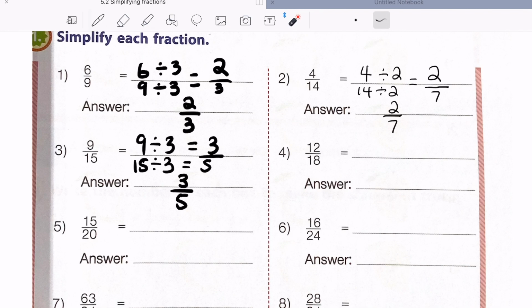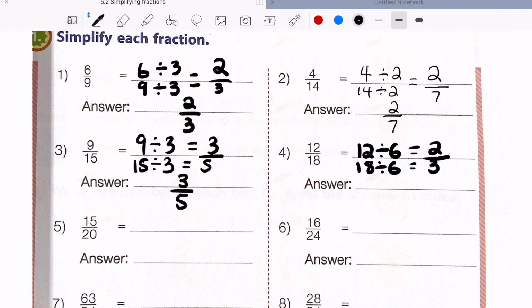So let's try it if we divide by 6. 12 divided by 6 equals 2. 18 divided by 6 equals 3. So it's already simplified. We can just write 2/3. Just like that. It's easier, and we don't have to write many times of dividing.